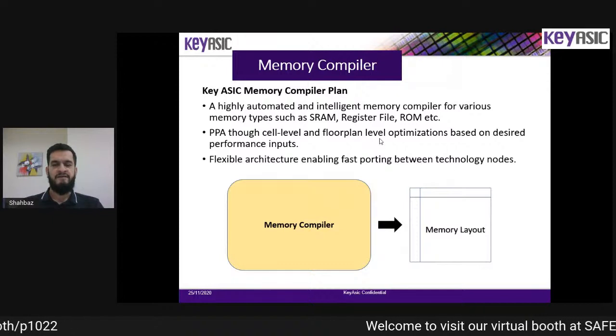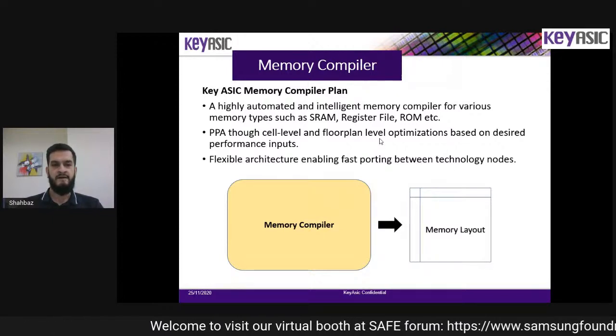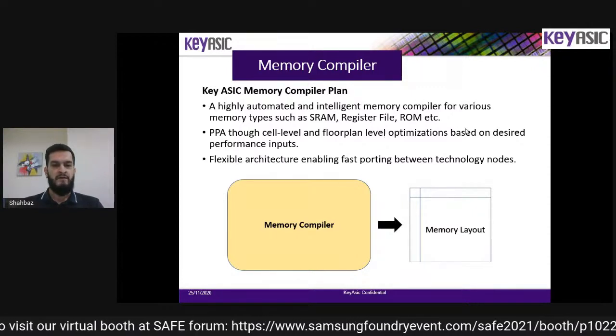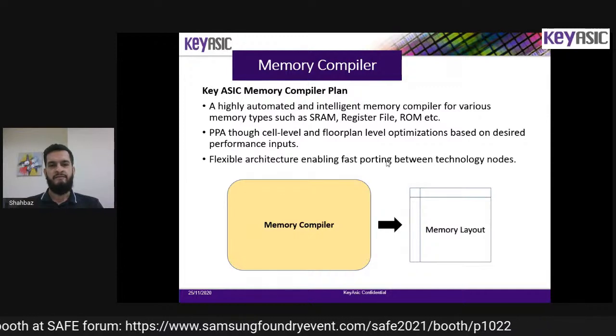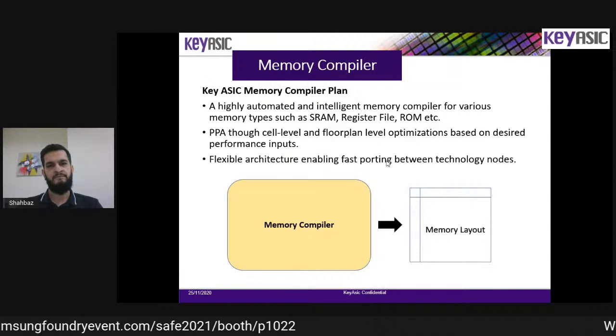So based on the desired performance inputs, which will be coming from the user, such optimizations will be made on the fly. And ASIC plans to have a flexible architecture to enable fast porting between technologies.